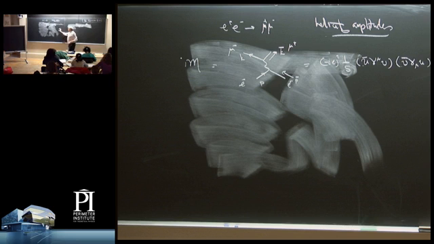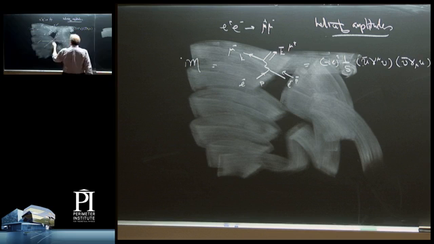So I'd like to analyze this process in a frame where the muons are moving along the 3-axis and the electrons, oh, maybe I should have drawn it the other way. The electrons are moving along some other axis which is rotated by an angle of theta.